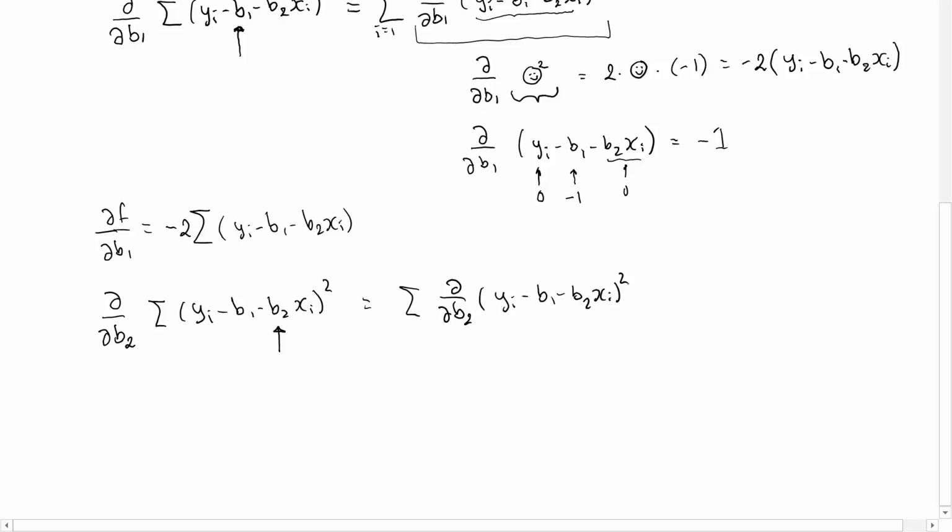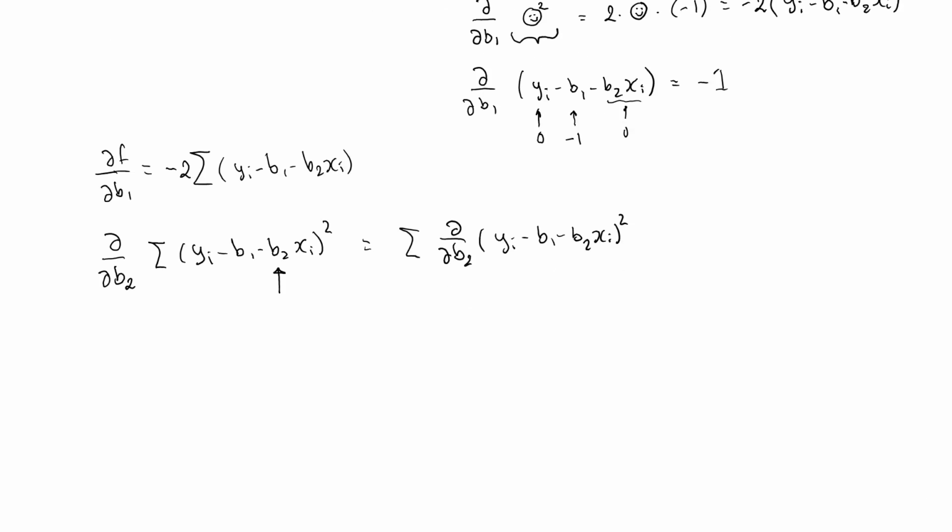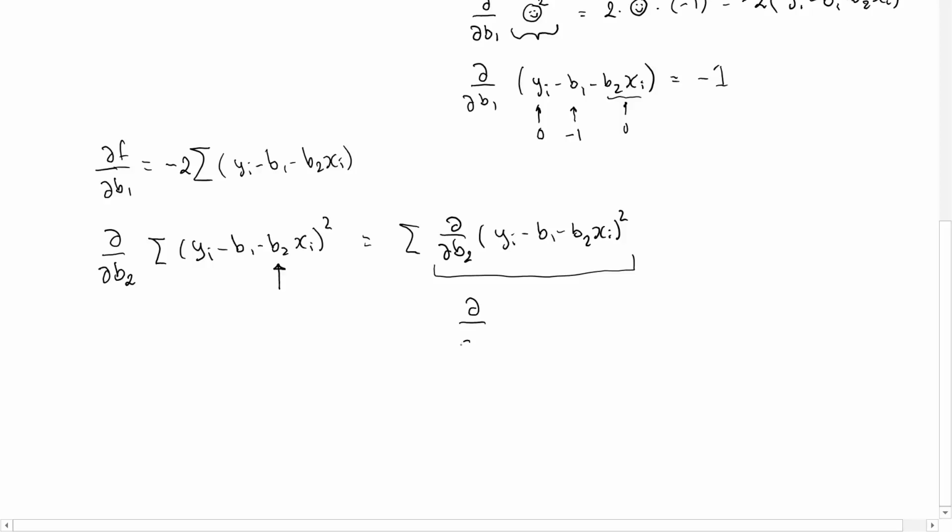We can again identify this as a composite function that we're differentiating. So the inner function will represent the smiley face. So if we focus on this, it is d/db2 of smiley face. Well, let's make it smile.